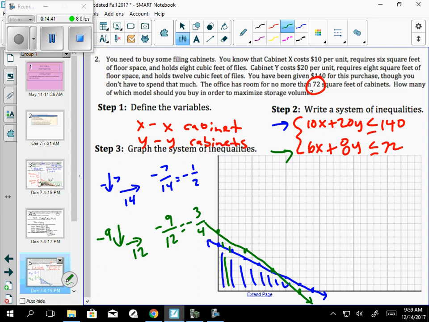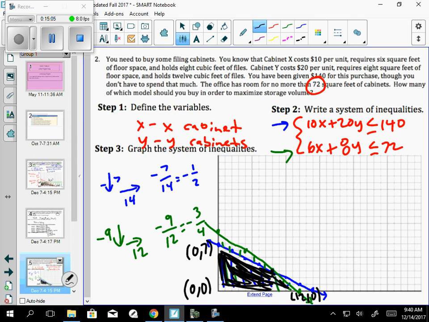So everything in here, the feasible region, is right in here. So we want to check all those corners again. There's again a corner at 0,0. There's one at 0,7. There's one out here at 12,0.